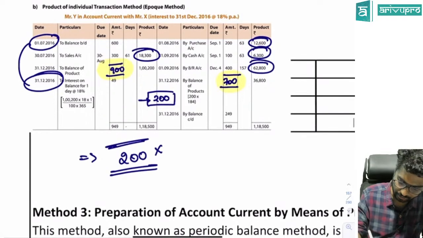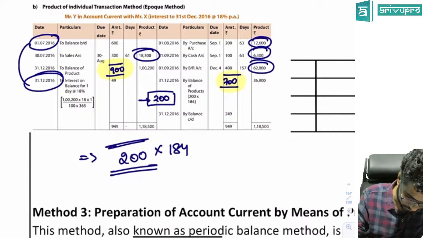My 200, the number of days from here to here is 184.